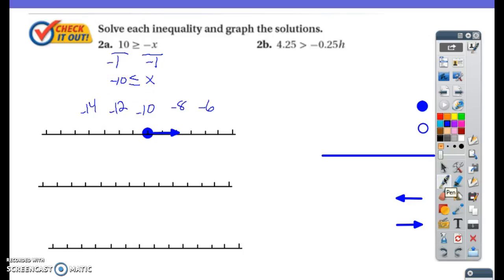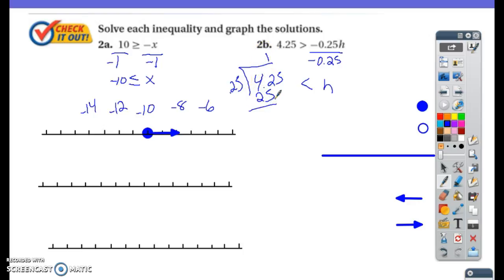Okay, over here, we're going to divide by negative 2.5 to isolate h. What do we do with the sign? We switch it, and then we do 4.25 divided by 0.25. 25 goes into 42 once. 1 times 25 is 25.